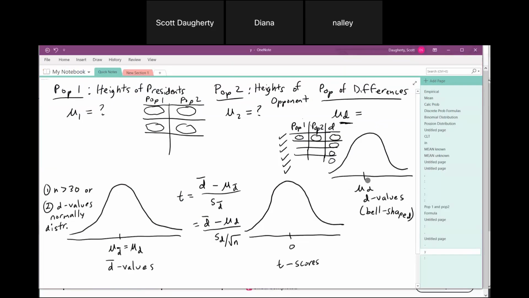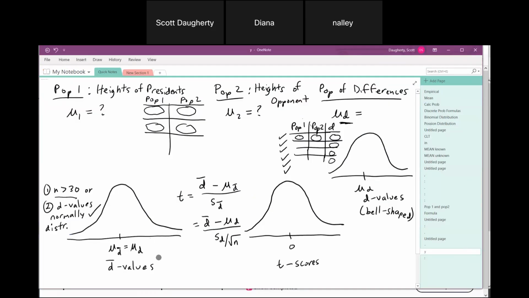You take all these D values and you put them into a histogram and it looks bell-shaped. Assuming that's the case, then the D bar values will be bell-shaped because of this second condition from the central limit theorem. It's not because n is above 30 because we're only sampling 6, right? So it must be the case that these are bell-shaped here, which gets us the bell shape here.